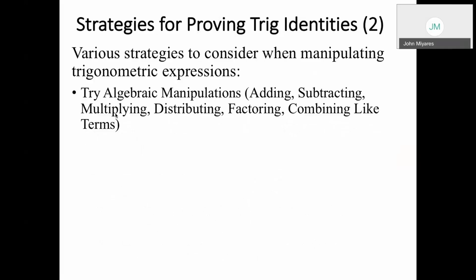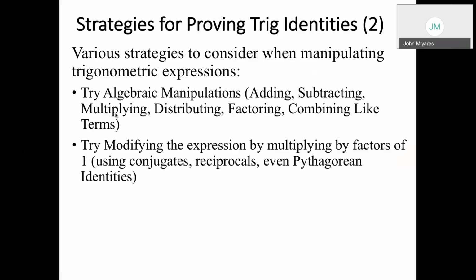You may also need to try doing some various algebraic manipulations like adding, subtracting, multiplying, dividing, distributing, factoring, combining like terms, completing the square even. You can also try modifying the expression by multiplying by factors of 1 using conjugates, reciprocals, or even Pythagorean identities.